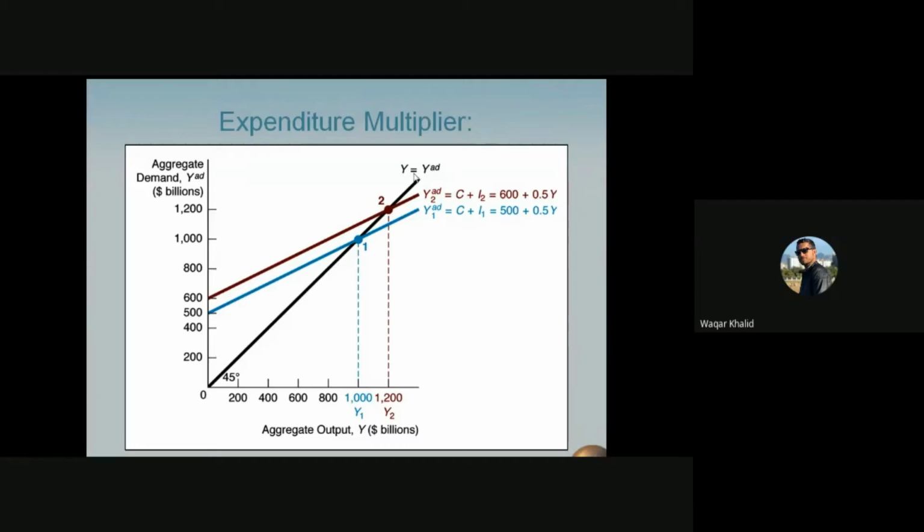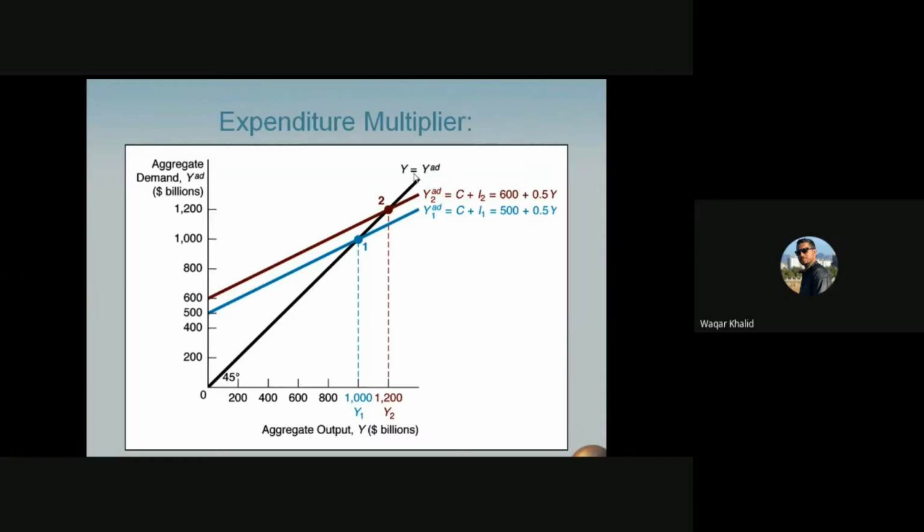Very simply, look at this diagram. The economy was initially at equilibrium at point 1, where 1000 was the initial aggregate output. Now, with the invention of the new electric machine, the firms have increased their investment expenditures. That's why we have a shift in the curve, and the aggregate demand is now Y2 AD.